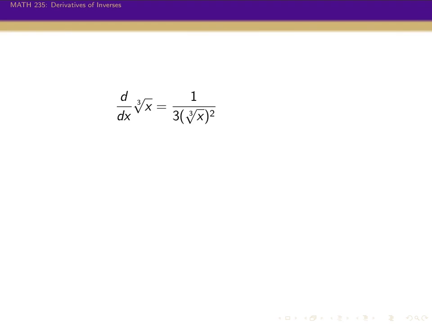Same thing with the cube root. So 1 over 3 times the cube root of x squared. We can think about that in terms of powers as being x to the 1/3 and then squared. And so really that's 1 over 3 times x to the 2/3. And so x to the 2/3 on the bottom, we can think about this as being 1/3 times x to the minus 2/3.